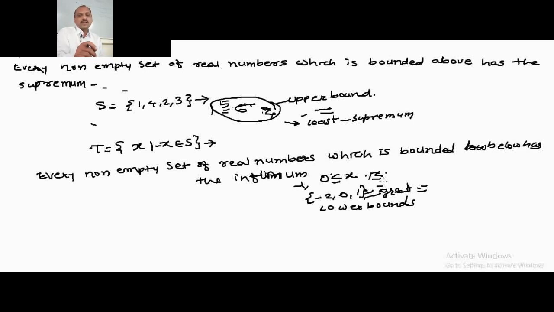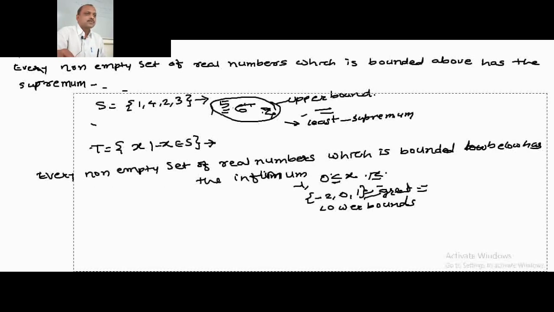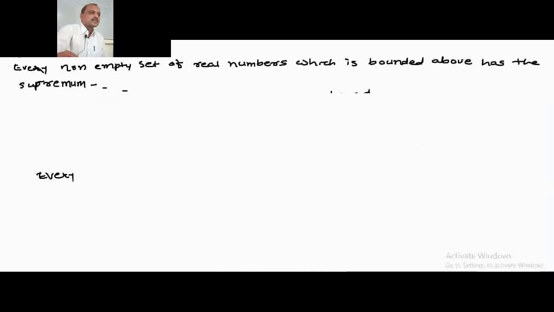Now we show that this property is not true for the set of rational numbers. I will erase this first, and we will show this property is not true for the set of rational numbers.